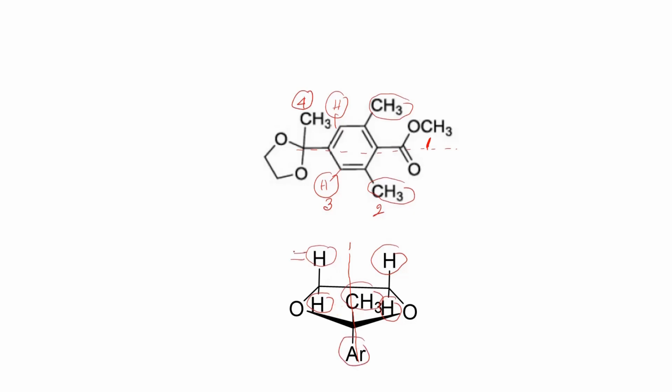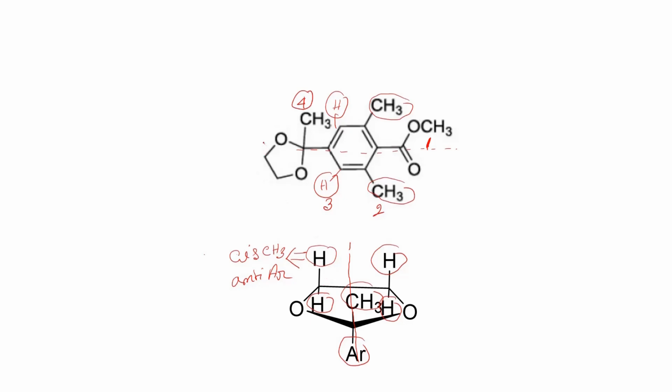Basically, if we take this hydrogen, it is syn to these two CH3 but anti to the aryl. So which hydrogen is upside and which is downside, they are not in the same environment. So that's why these two are not equivalent, and we'll get different peaks.